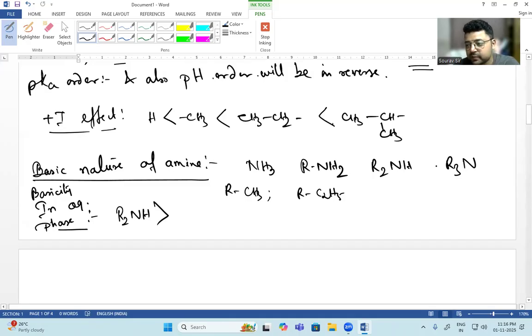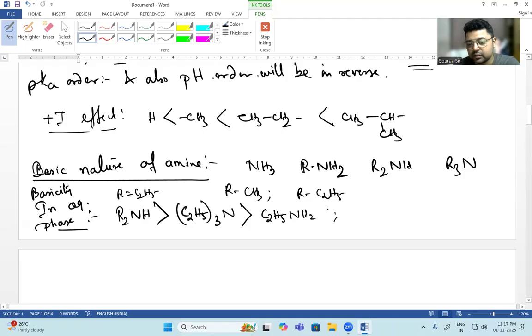But when it is ethylamine, the inductive effect will be much higher compared to the hydrogen bonding interaction with water. So you will see that (C2H5)3N will have higher basicity when R is C2H5, higher basicity in water than its 1 degree amine.